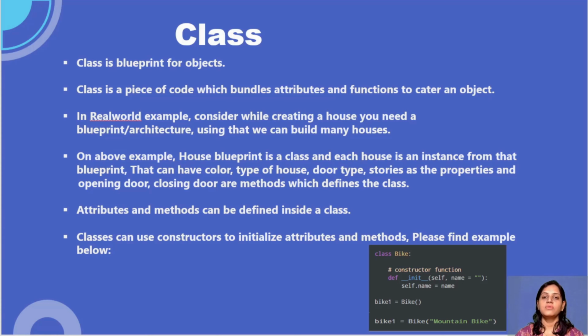When you are building a house, what do we need? We need an architecture diagram. That architecture diagram is our blueprint for the attributes and functionalities of that house. So when we say dog is a class, don't you think a dog has certain features, and does its own work with certain functionalities?